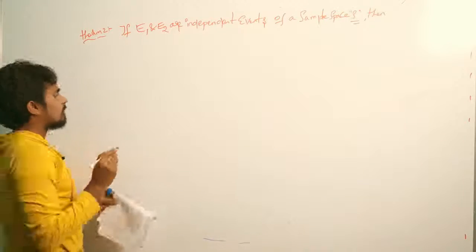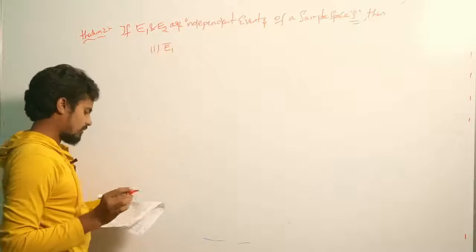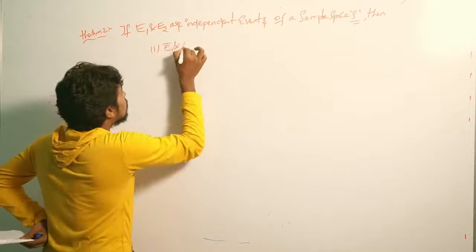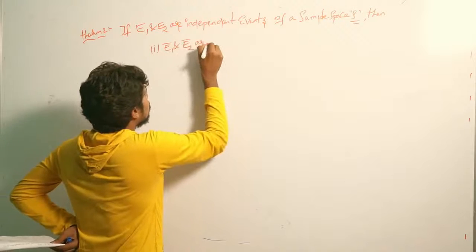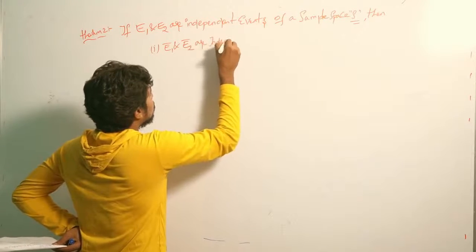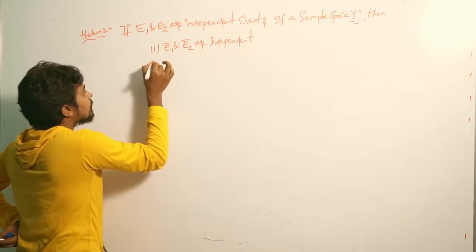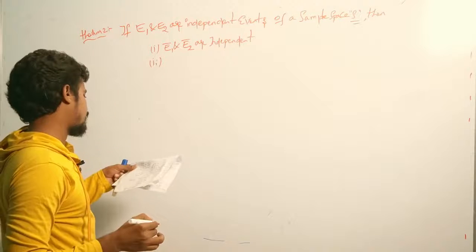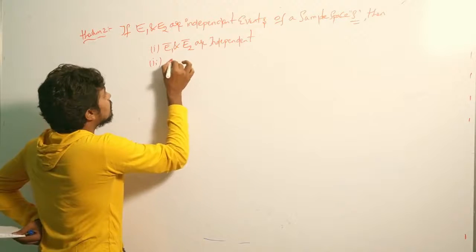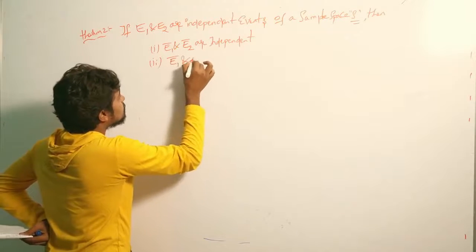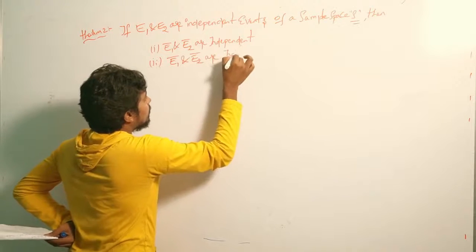First question, E1 bar and E2 bar are independent. And similarly, second question, E1 bar and E2 are independent.